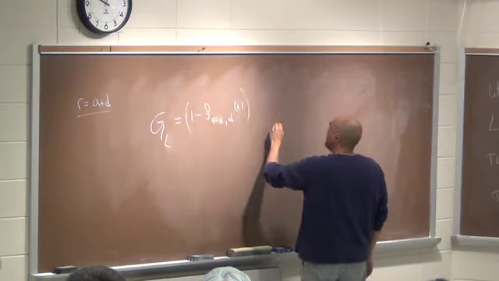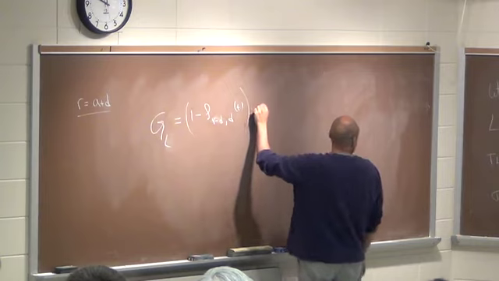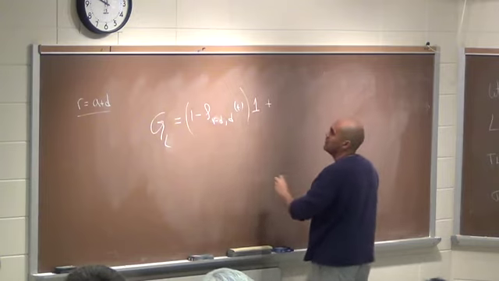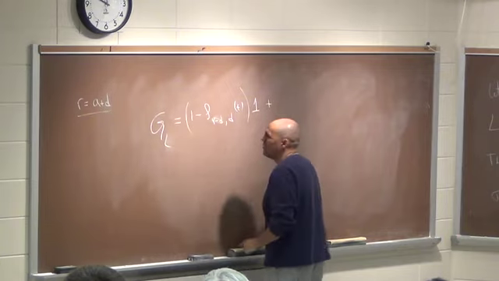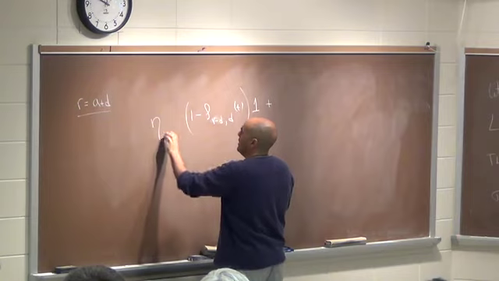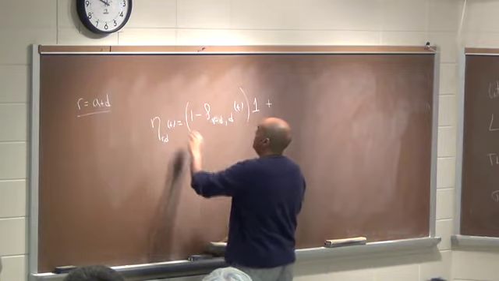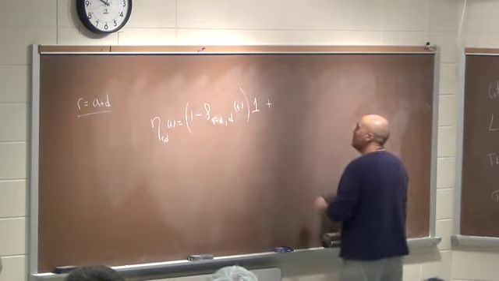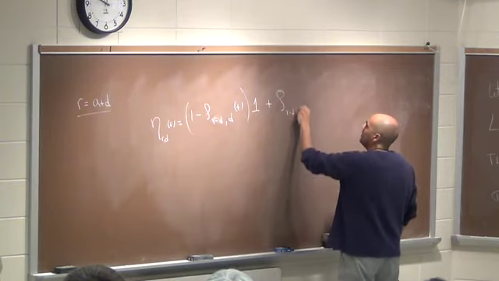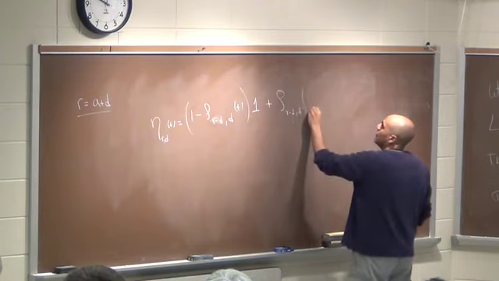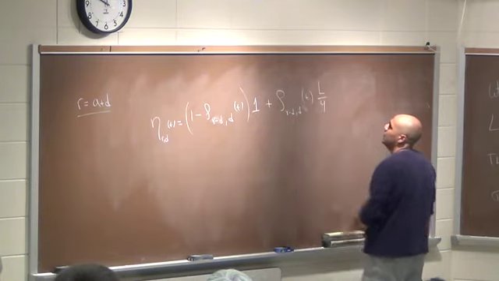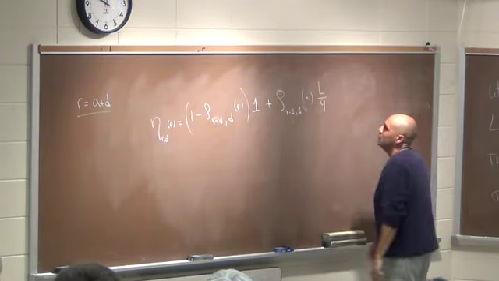And I want this number to be 1 plus... so maybe define eta RV of T as being this number plus rho R minus B of T times L. So this is just a function.